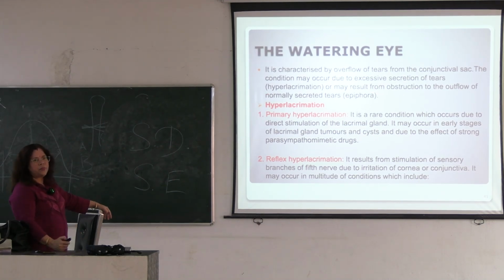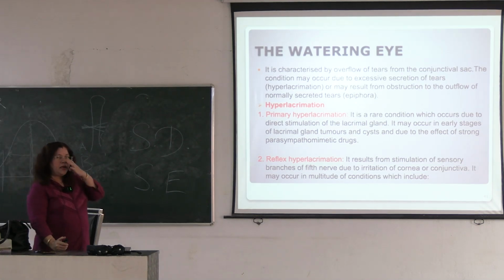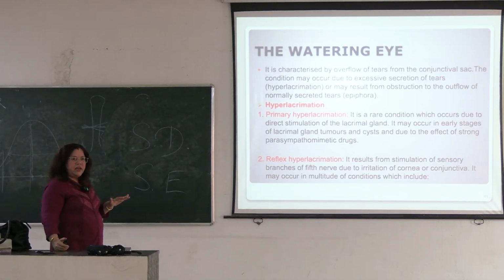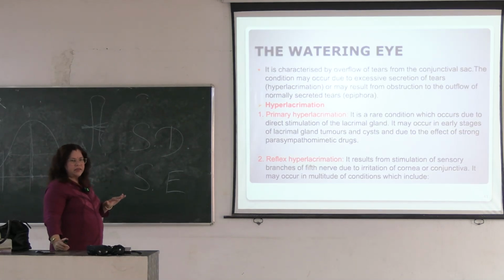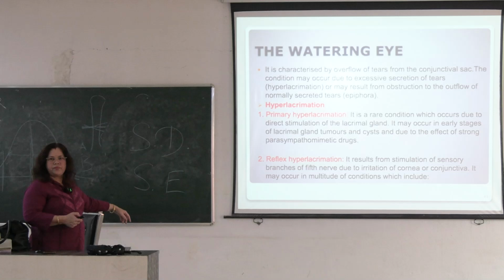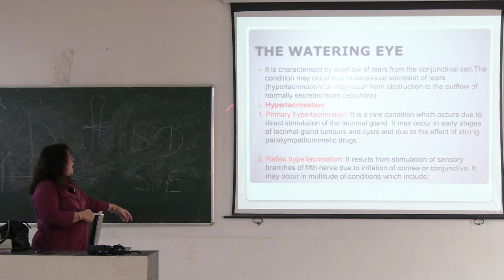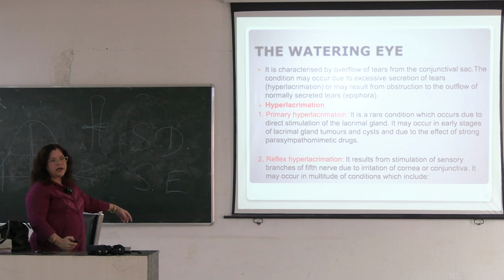Obstruction to the outflow path may be anywhere: at the puncta, at the level of the canaliculi, the common canaliculus, the lacrimal sac or the nasolacrimal duct. That is called epiphora.